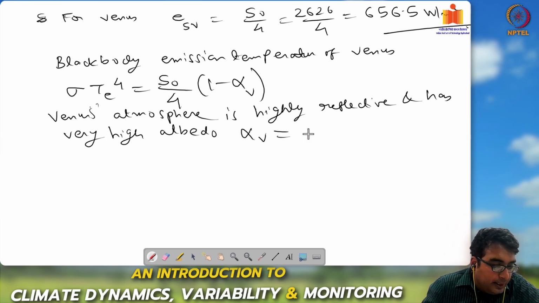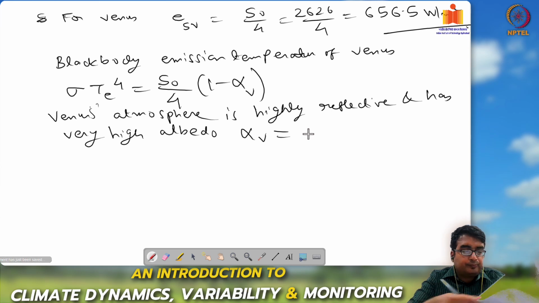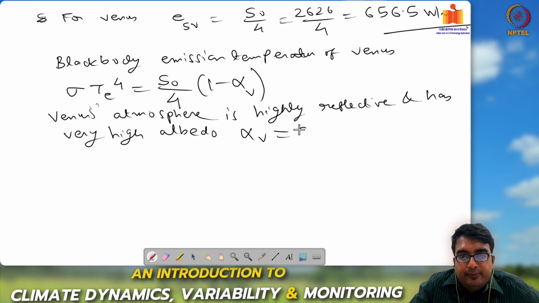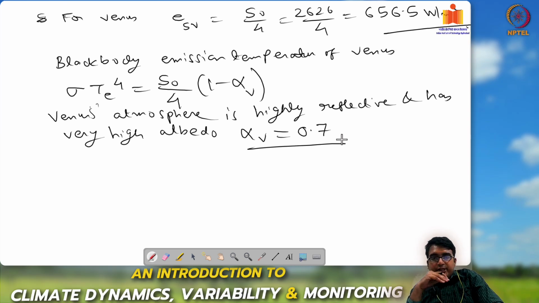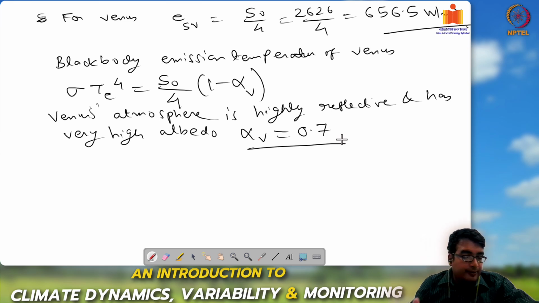Alpha V is around 0.7. So 70% of the solar energy that is incident on Venus is being reflected by its atmosphere. Whereas this value is much lower, around 29% for that of Earth.